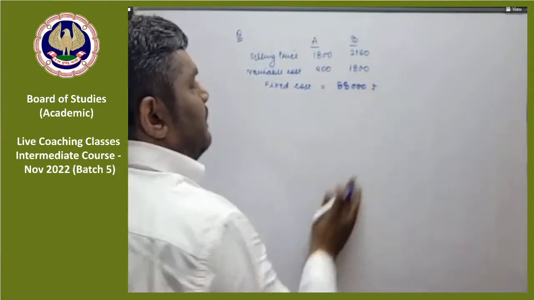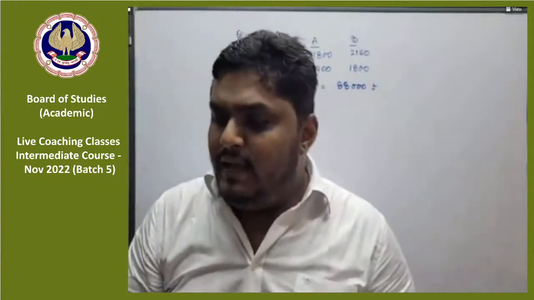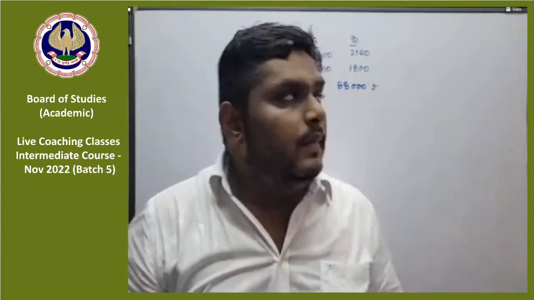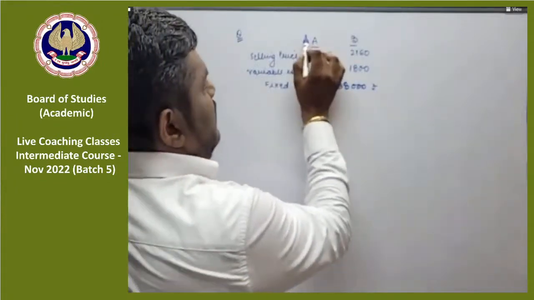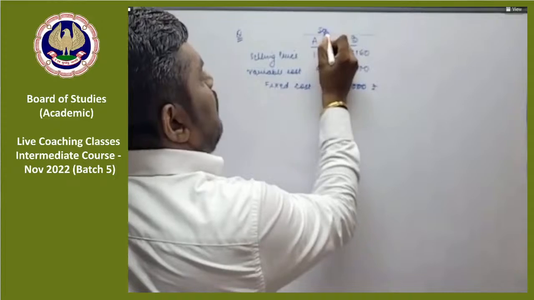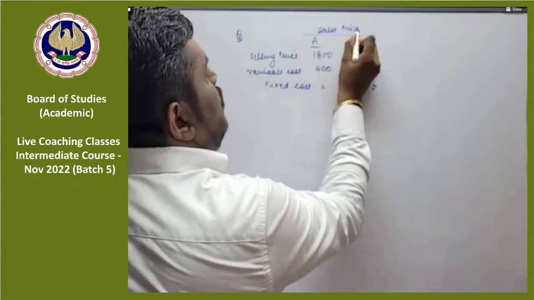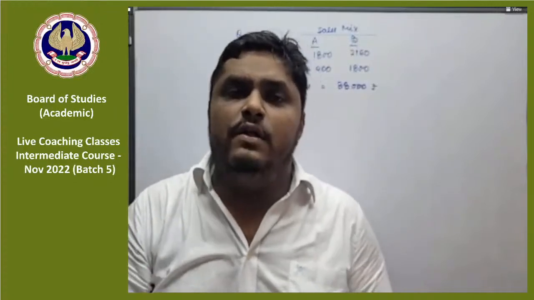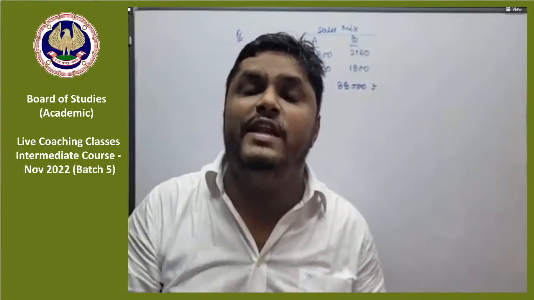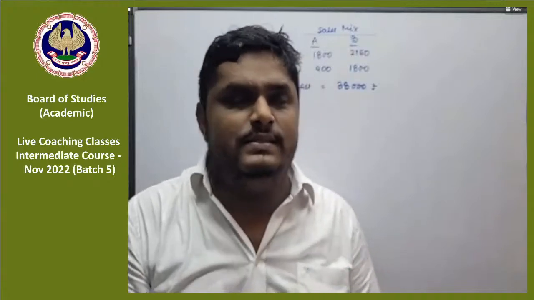I repeat again, guys. I'm discussing a particular situation in which two products are given and the fixed cost of the company is given. Now the question is how to calculate PV ratio and break-even sales.